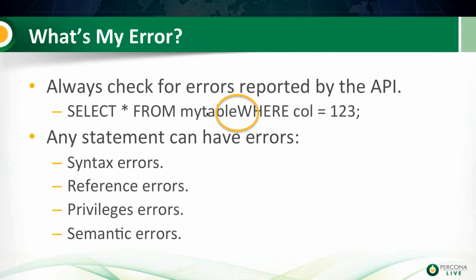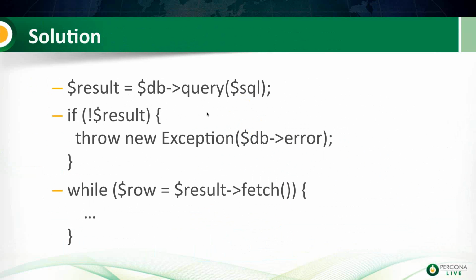Trying to track down errors like this can be tricky, and you have to make sure to test the result of your queries every time you prepare one. It means writing more code, code that, after you do the query, tests to see if the result indicates a success or a failure.